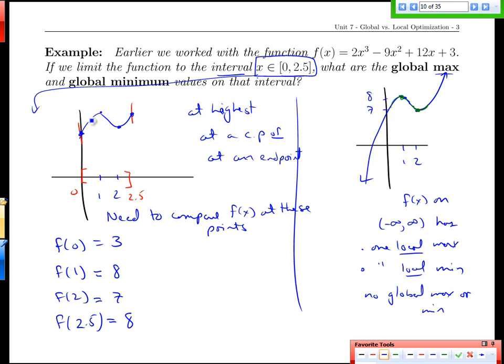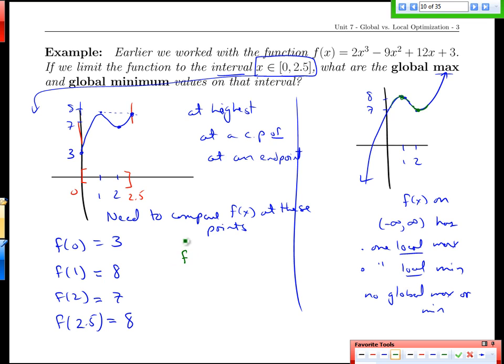So let's just tune up our sketch a little bit based on that new information. We now know the value down here. This is 8, this is 7. Both of these points are at height 8. And then the graph goes down and has a value of 3 at f of 0. So what does that tell us overall?